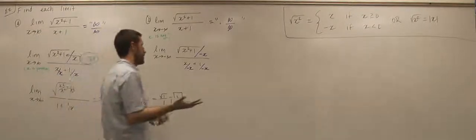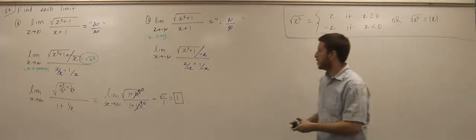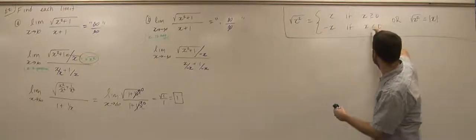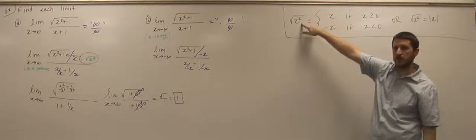It's still a legit algebra move because I just divided top and bottom. But what it allows me to do is, since I have negative x, I can now replace negative x with square root of x squared.